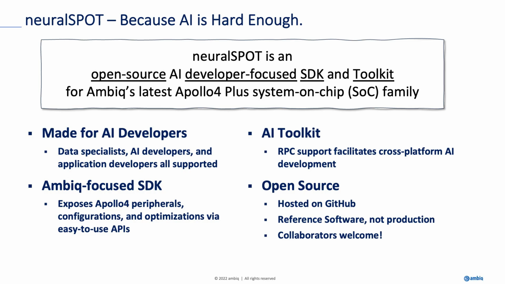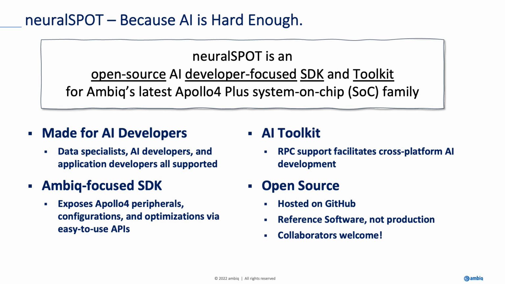It's developer focused. As I said, the concept was refined as we developed our AI models, so it's been evolving with us as we learn things, and it will continue to evolve. And then finally, it's an SDK and a toolkit. So a software development kit, meaning it has all the libraries you need to integrate into an Apollo 4 development platform.